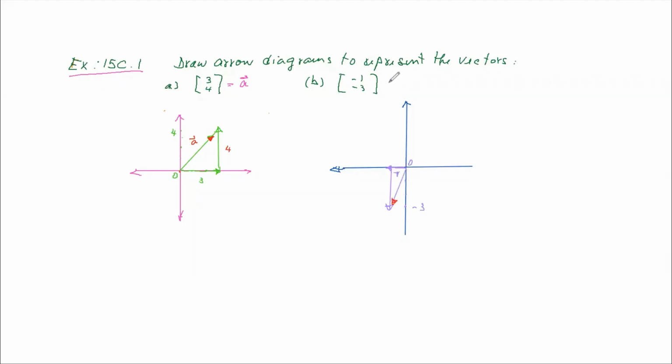Okay, so maybe you can assign this as vector B, and then this is the direction. That's the final answer. And you can write this one as -1. You must label it. And this is -3. Okay, that's for 15C.1. Most of you just draw and you don't label anything. You have to label each point, each vector, and write it down also. Okay, that's the one I would like to talk about. That's 15C.1. Now we go to the next one.